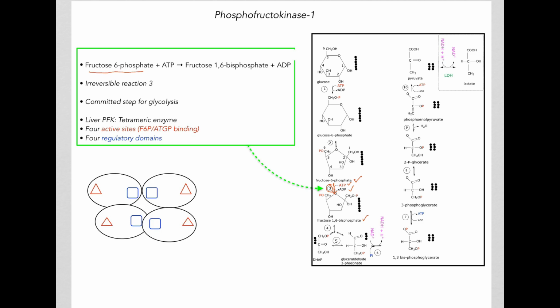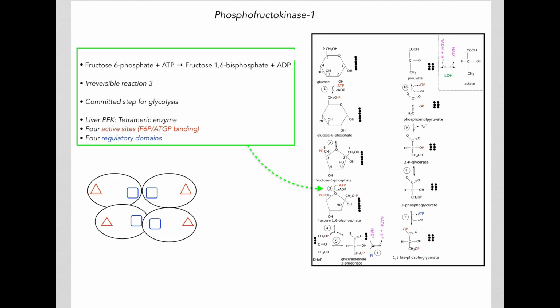So fructose 6-phosphate and ATP are the reactants, and fructose 1,6-bisphosphate and ADP are the products. This is the most important step for regulation of glycolysis. This is the committed step for glycolysis. So glycolysis regulation is done predominantly here, the most important step.